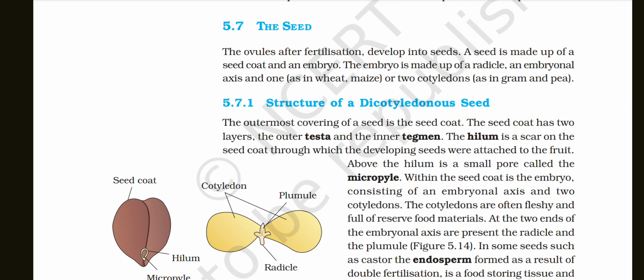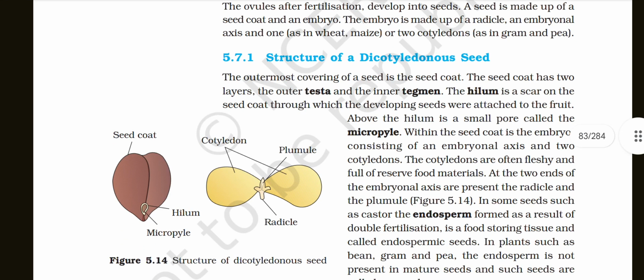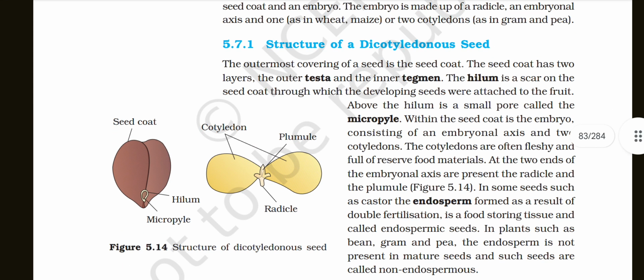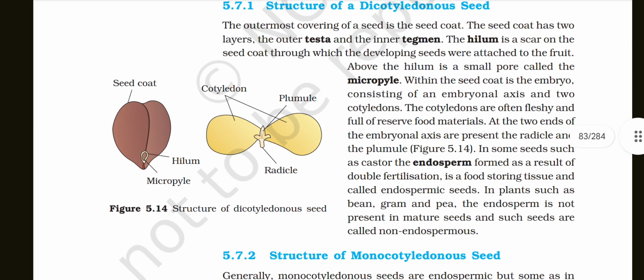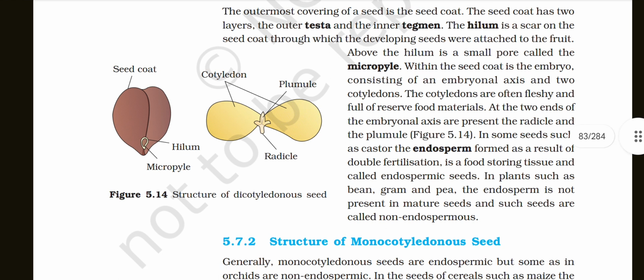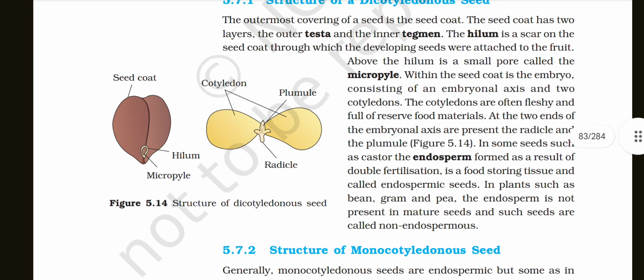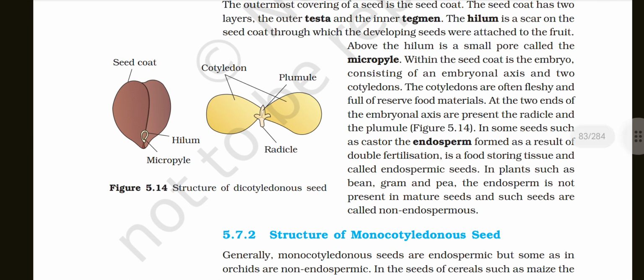Structure of dicotyledonous seeds. The outermost covering of the seed is called the seed coat. The seed coat has two layers, the outer testa and the inner tegmen. The hilum is a scar on the seed coat through which the developing seed was attached to the fruit. Above the hilum is a small pore called the micropyle.